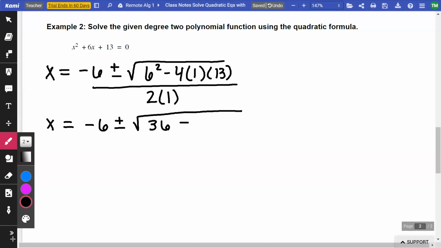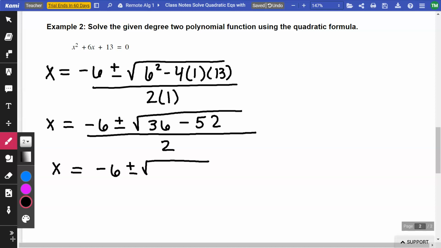So negative 4 times 1 is negative 4, and then 4 times 13 is 52. So negative 52, all over 2 times 1, which is 2. x equals negative 6 plus or minus the square root of 36 minus 52 is negative 16, all over 2.